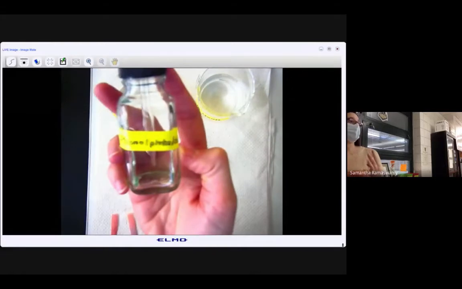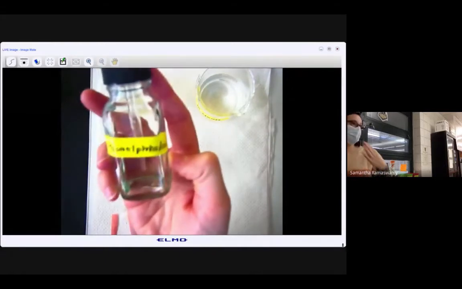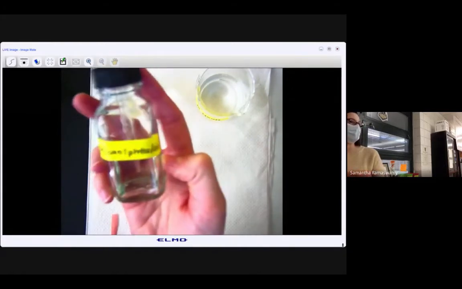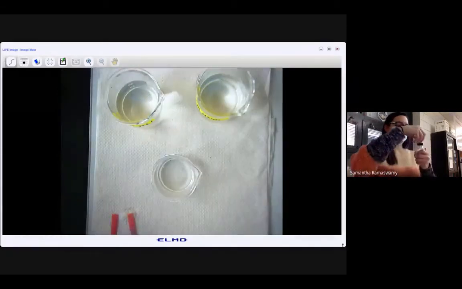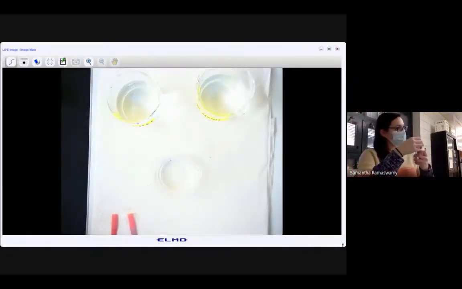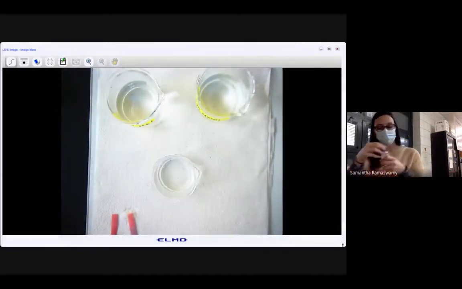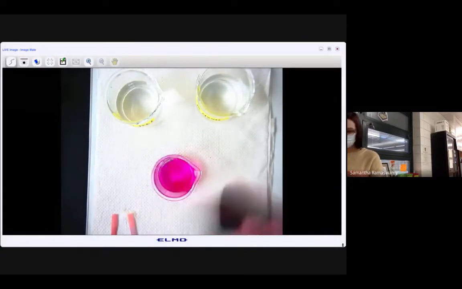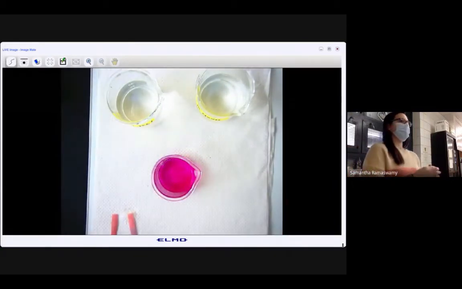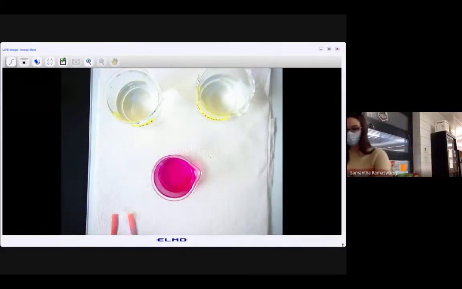It is many letters that all don't make sense when together. The importance of phenolphthalein is that it turns pink in the presence of a base. So if I add some phenolphthalein to this beaker that I added NaOH to, it turns pink.